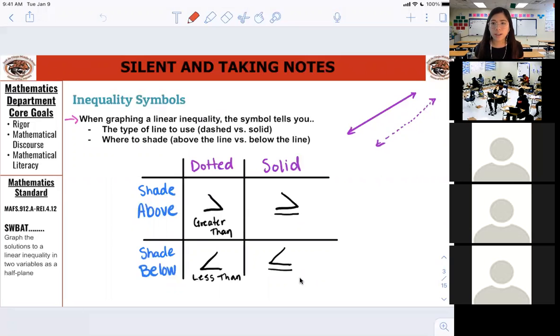This will help you understand if it's going to be a solid line or dotted line, and whether you should shade above or below the line. I'm going to give you about 10 seconds to take a quick picture. You can also write this in your notebooks, and that's going to be good to study from over the weekend.